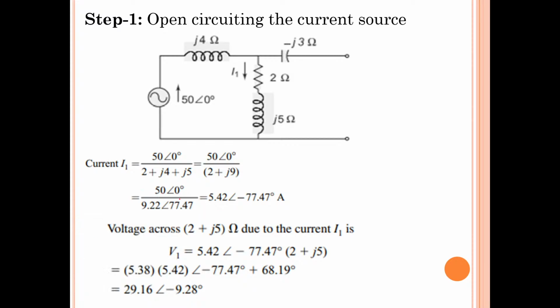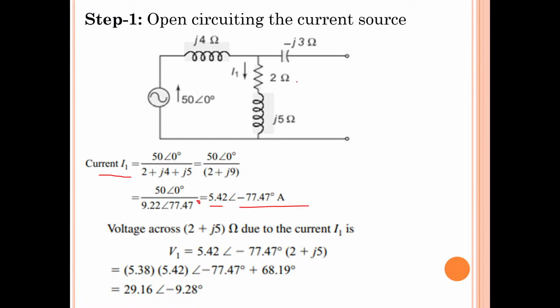So 50 at an angle of 0 degrees divided by 9.22 at an angle of 77.47 degrees: 0 minus 77.47 gives minus 77.47. So we have got the current I1 value, 5.42 at an angle of minus 77.47 amperes.